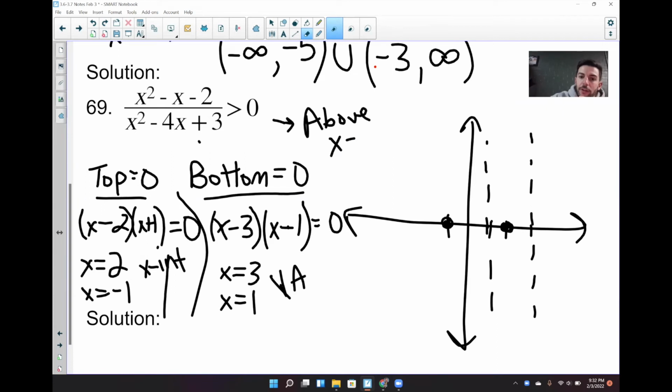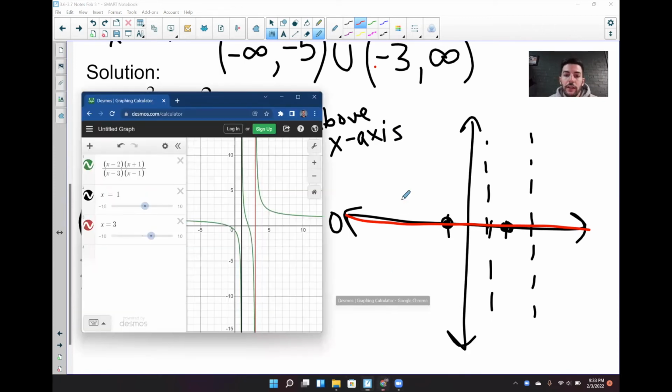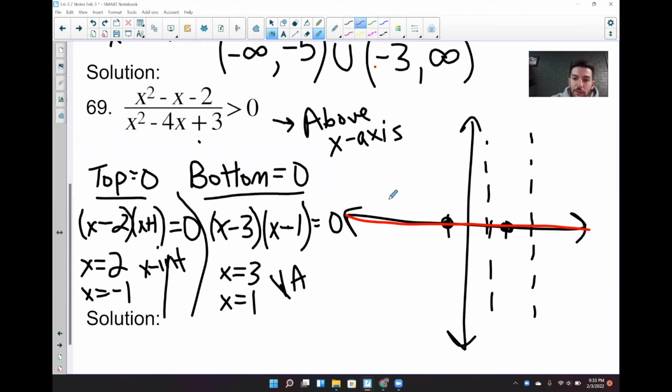So I'm back to my normal reference line. All right, so I can go in and I can say, okay, when is my graph going to be above that line? Okay, and again, I can also sketch this if I have Desmos here. So again, I see that it's kind of coming up from above here, going down, kind of flattening out near that first vertical asymptote.